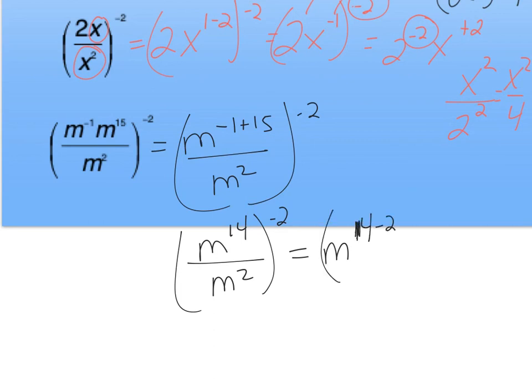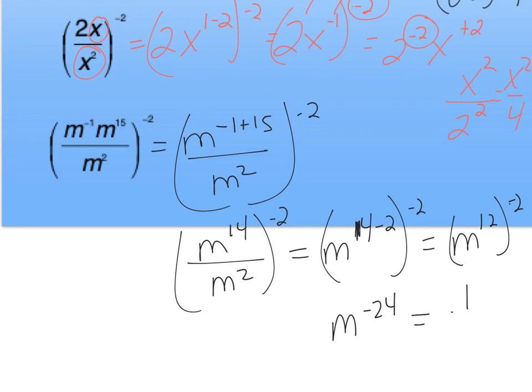So that equals m to the 12th to the negative 2. Of course, a power raised to a power, you multiply. So it's m to the negative 24, but that's a negative exponent, so it's not simplified yet. So I'm going to use a reciprocal, and that's m to the 24th.